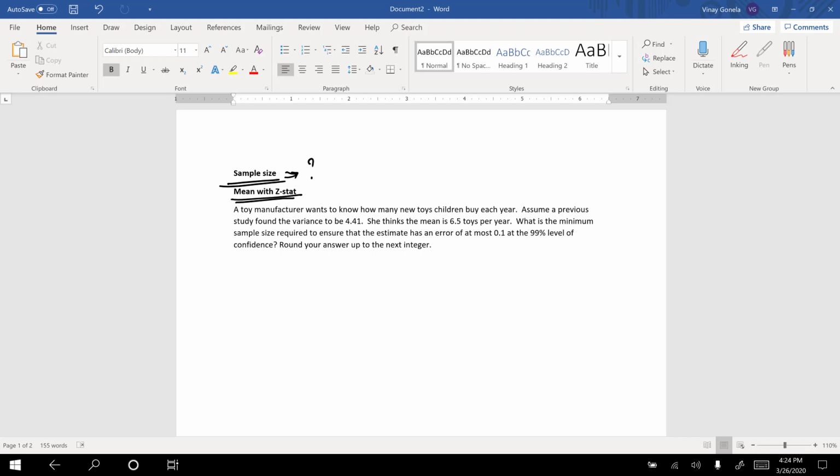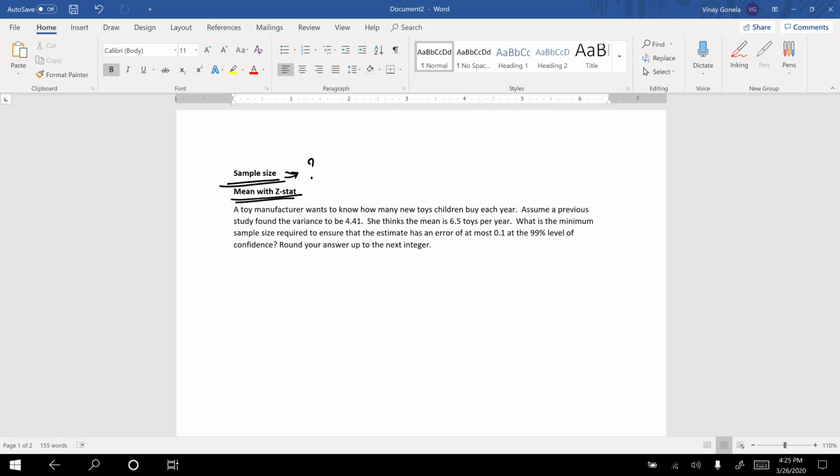A toy manufacturer wants to know how many new toys children buy each year. Assume a previous study found the variance to be 4.41. She thinks the mean is 6.5 toys per year. What is the minimum sample size required to ensure that the estimate has an error of at most 0.1 at the 99% confidence interval?